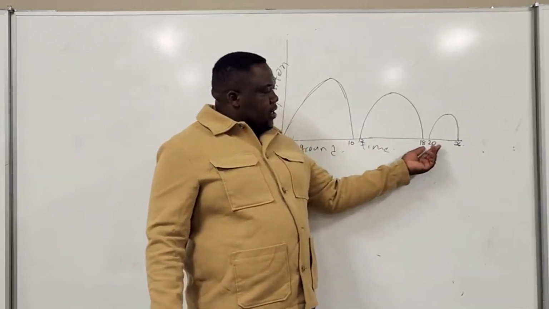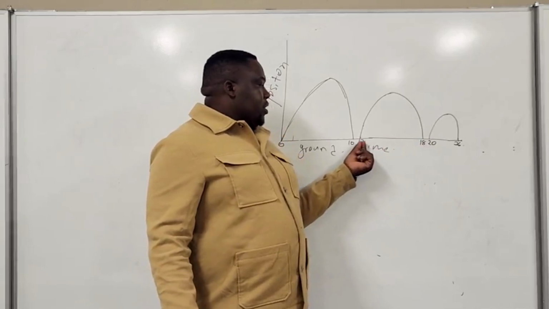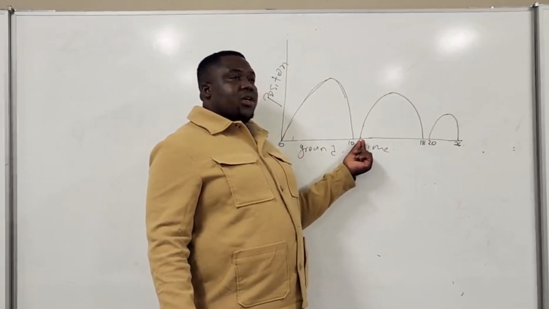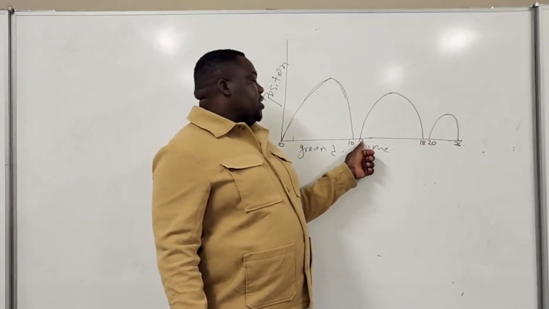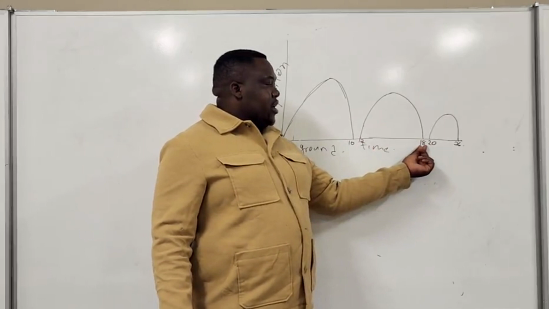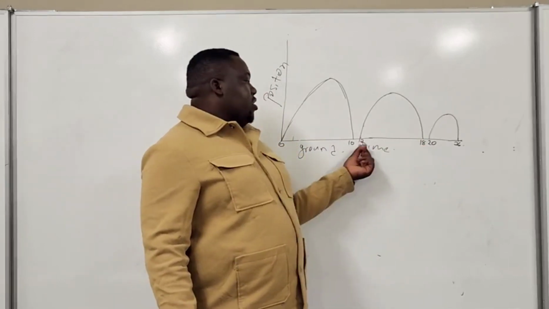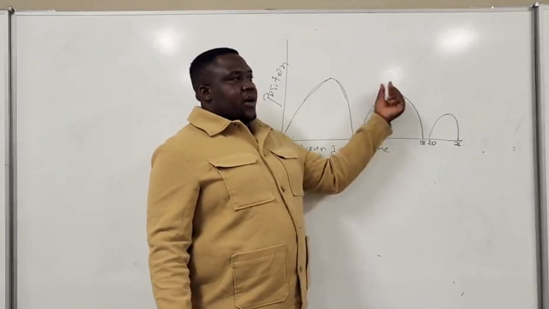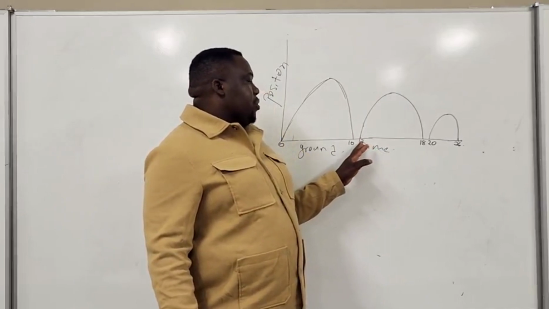Here is the same scenario. When this ball went up for the first bounce, it was 12 seconds. When it returned, it was 18. So if we want to know the time at which the ball went up and returned, we are going to count how many seconds from 12 to 18.